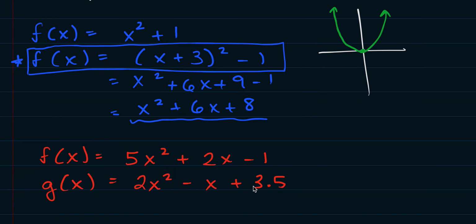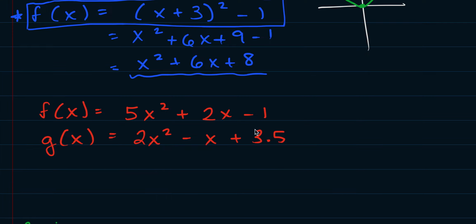Here's an example of a quadratic function. This is a real number. It's a fraction. You could say 7/2 instead of 3.5. And we can also get things involved like pi x squared minus root 2x plus 1. This is a quadratic function.